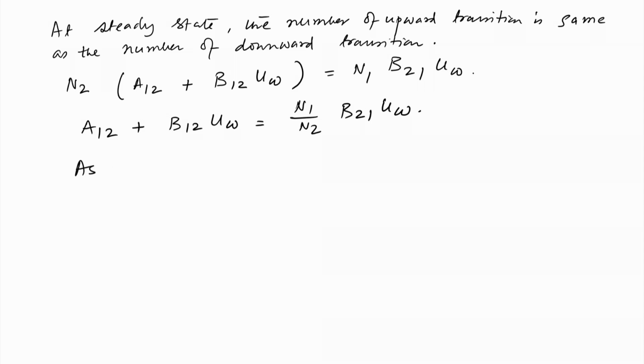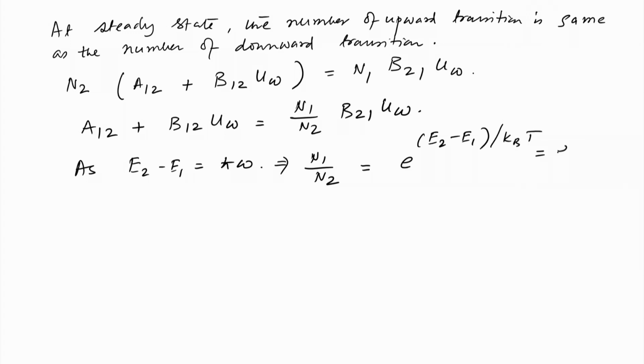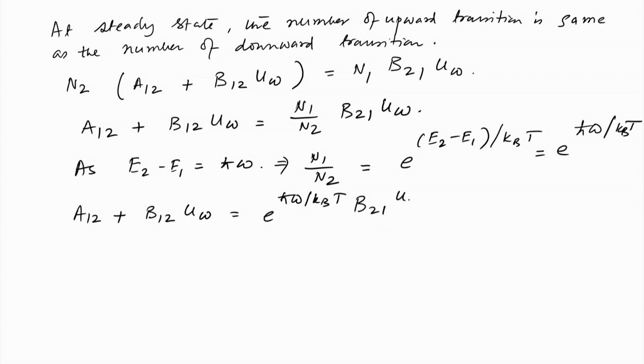As E2 minus E1 equals h cross omega, one can write down from the Boltzmann distribution N1 by N2 equal to exponential of (E2 minus E1) beta, or by kT, which is equal to exponential of h cross omega by kT. So, A12 plus B12 u omega equals exponential of h cross omega by kT times B21 u omega.